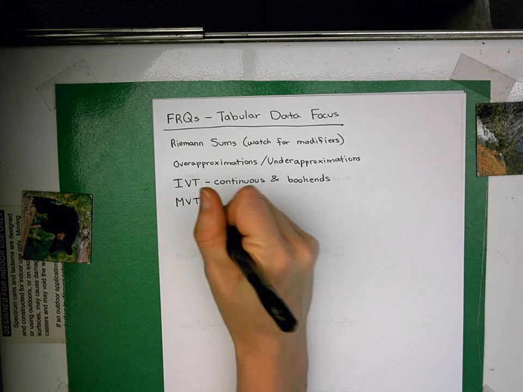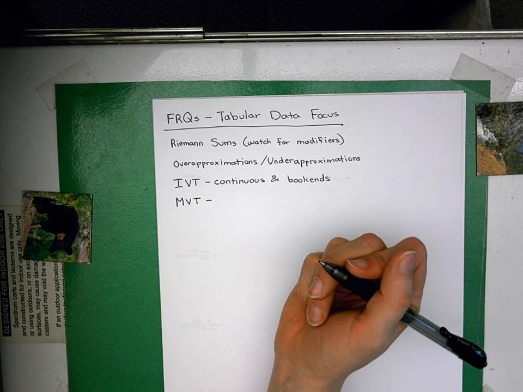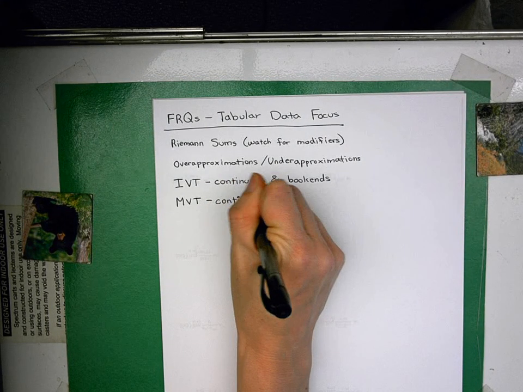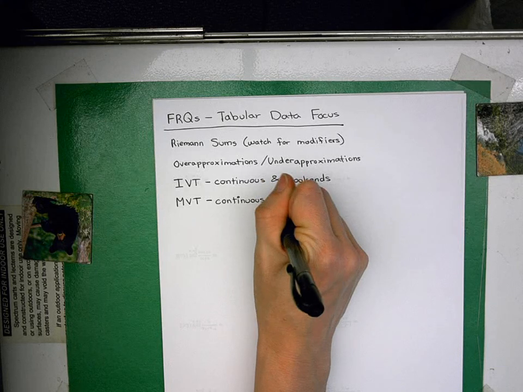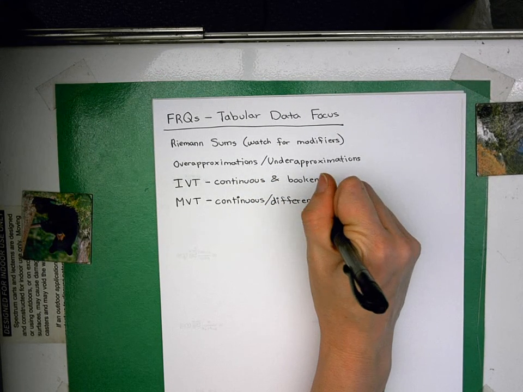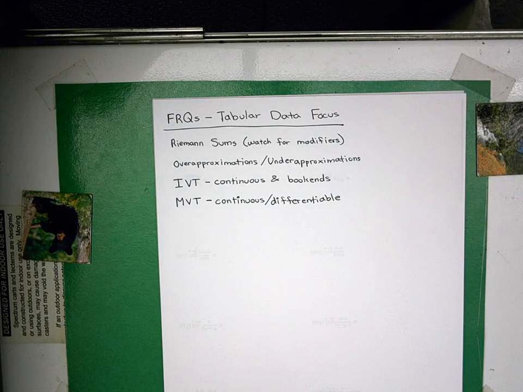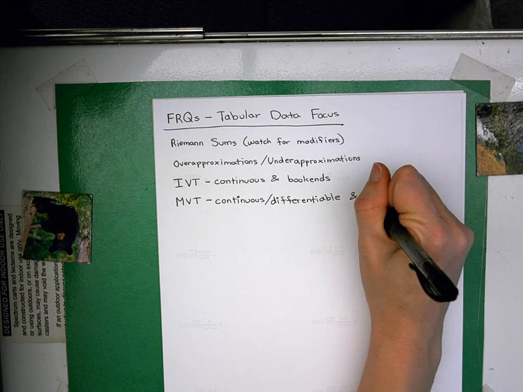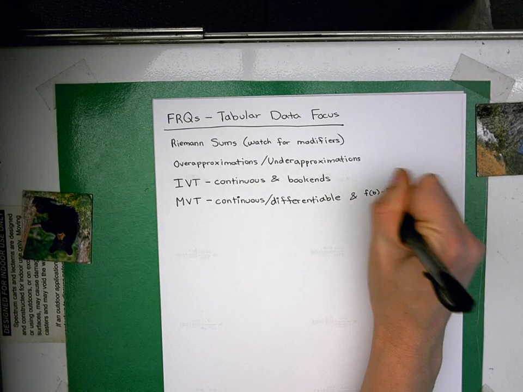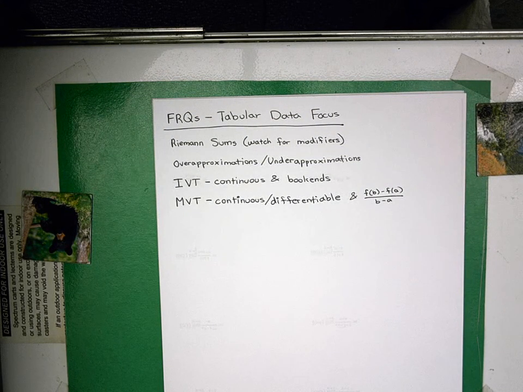MVT would have been unit 3, so MVT is 3.2 if you're wanting to look it up in your notes. It has to be continuous and differentiable. MVT is used to guarantee that a slope exists. So you'd be looking for 2 points that when I do their rise over run, I get the slope I'm trying to guarantee.